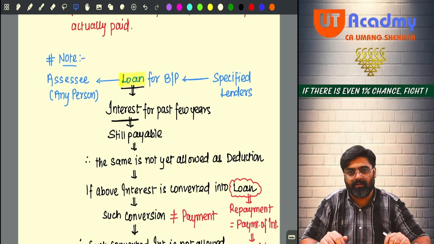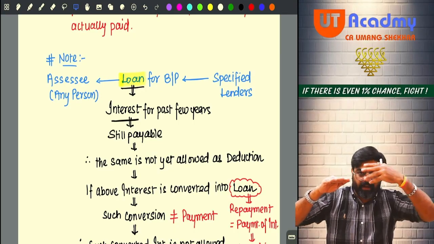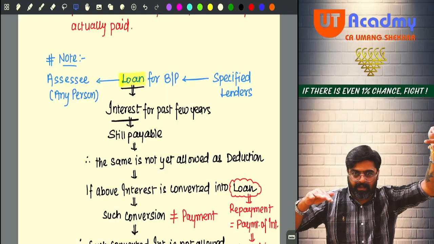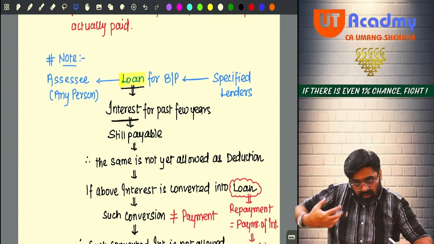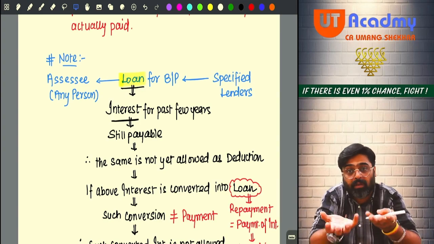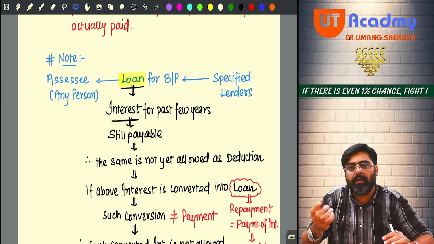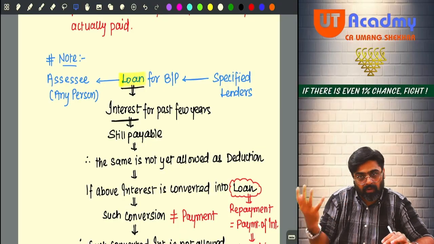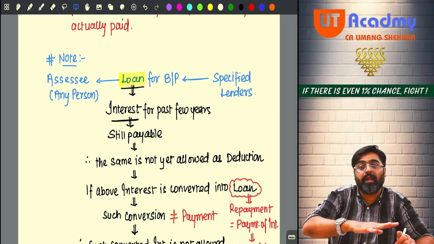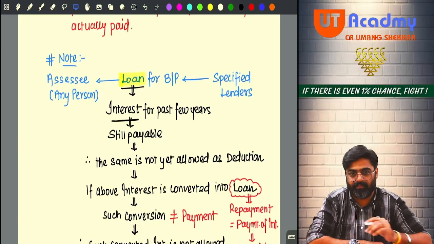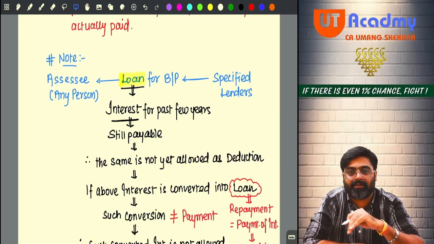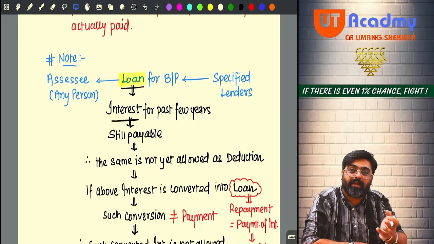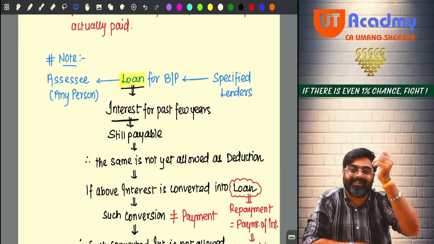So the bank agreed. The bank said, okay, your main loan we are rescheduling, the time we are increasing and the rate also we are reducing, and the interest on that loan for these last 3 years which you have not paid to us, do one thing: this interest also, 4 lakh 50, we are converting it into a new loan. 4 lakh 50 interest in 24-25 converted into loan.